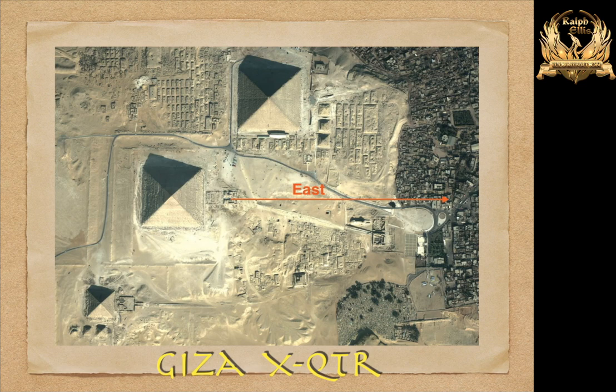And here is the Sphinx looking very small in comparison with the entire site, looking east at the rising constellation. But is that what this design is actually showing? Because the Sphinx is actually on the second pyramid causeway, and that does not point east. It has a very specific alignment.